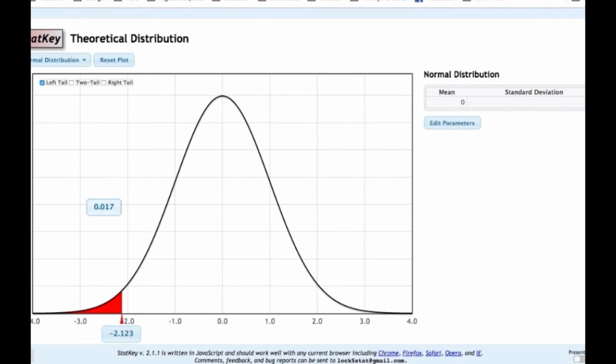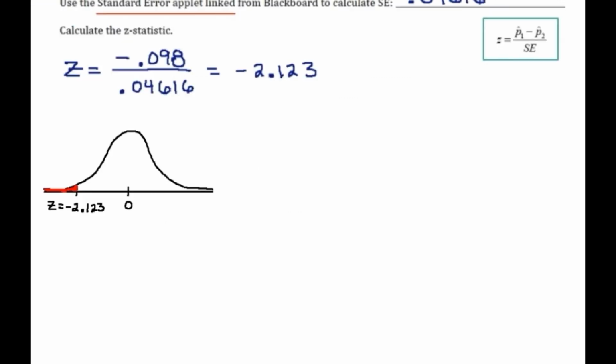I can see now that I get a p-value of 0.017, and I can look at this curve and look to see if the shaded region that I drew is pretty close to what StatKey shows. So it looks pretty reasonable.